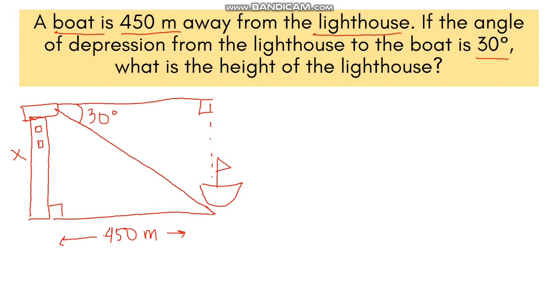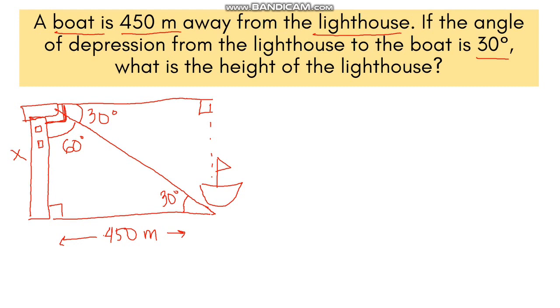So we need to find a way to get an angle inside this other triangle here. We can simply subtract 90 and 30 so that we can get this angle right here, which is 60 degrees, since this side right here is also a 90-degree angle. So if this one is 60 degrees, therefore the other angle is also 30 degrees here.